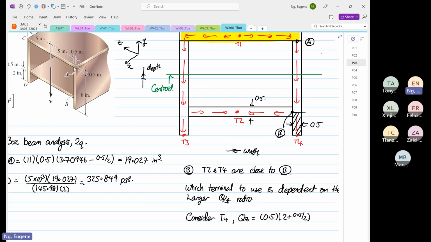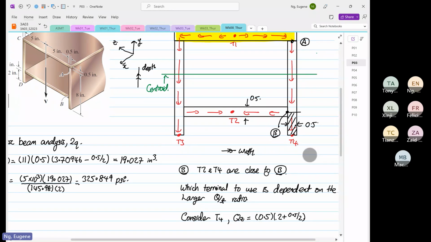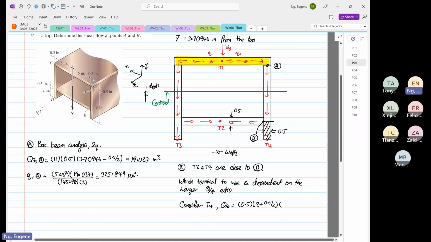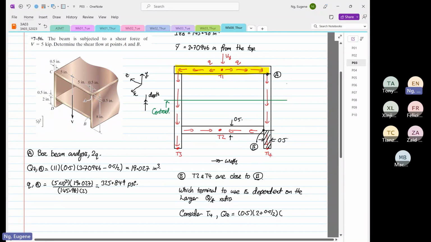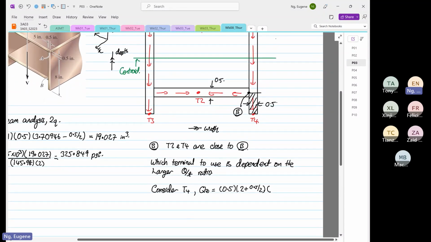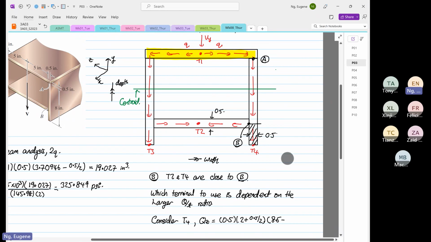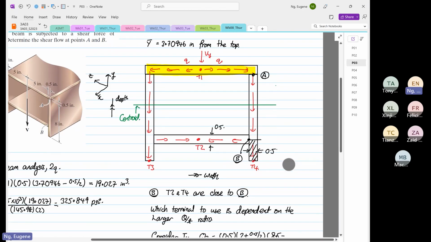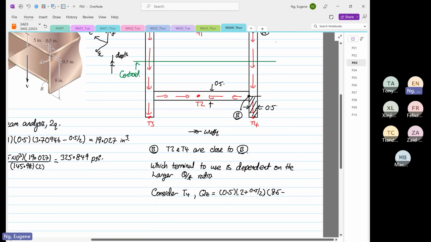Okay. And then the Y bar, okay, we have to be careful. So the Y bar is from the top, okay? So now the Y bar is 8.5 minus 3.70946.